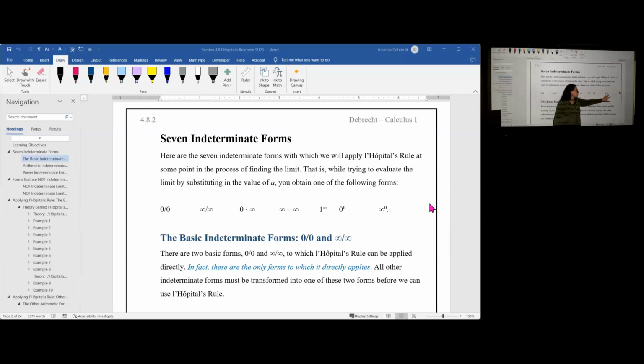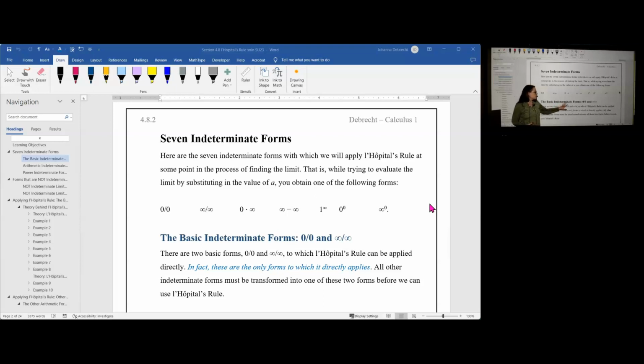We have 3 power forms, 1 to the infinity power, 0 to the 0, and infinity to the 0. Now, of course, infinity is not a number, so what we're really saying is that when we put in the limit, whatever is in the function is approaching infinity, or it's approaching 0.